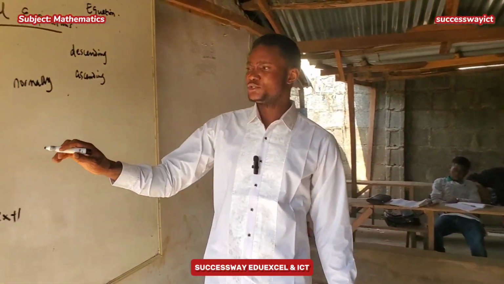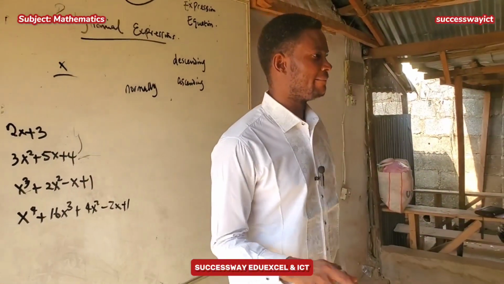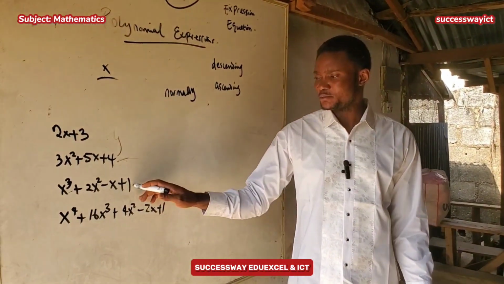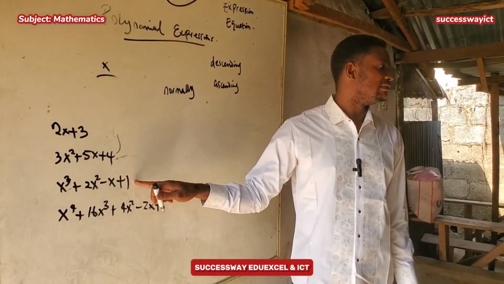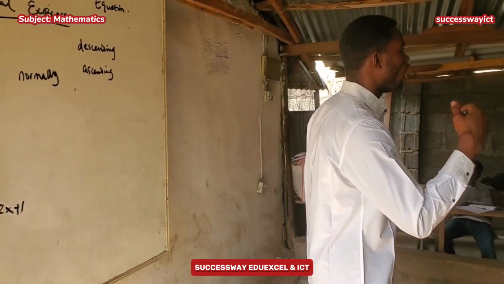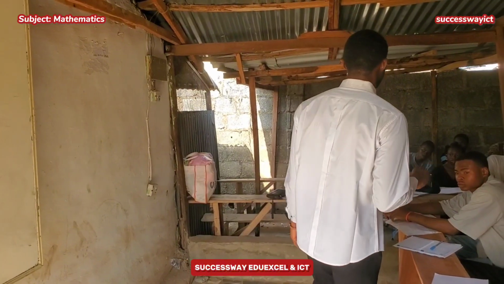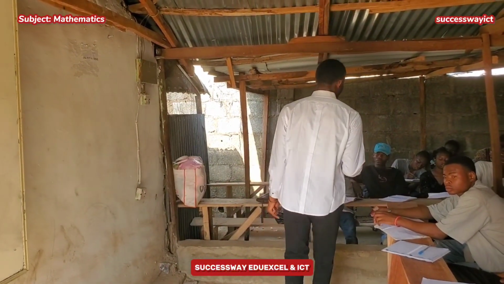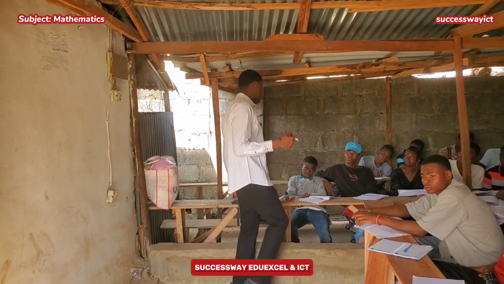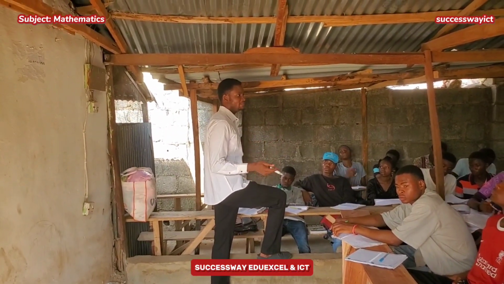You can also use them to solve some cases of power 3. Now, from power 3 or 4 upwards, you use what is called the remainder theorem or the factor theorem to solve them.